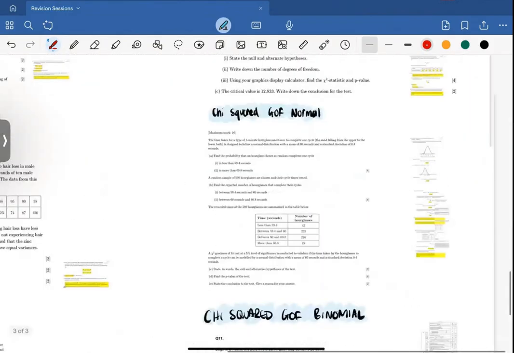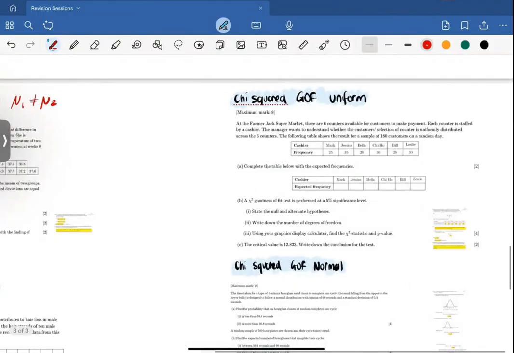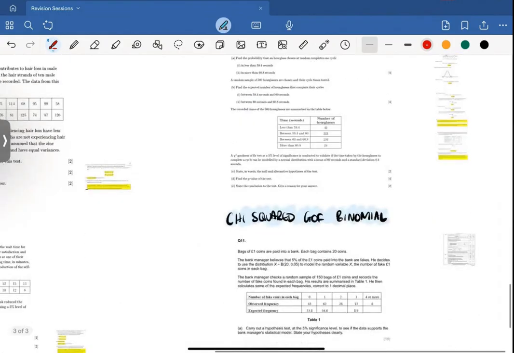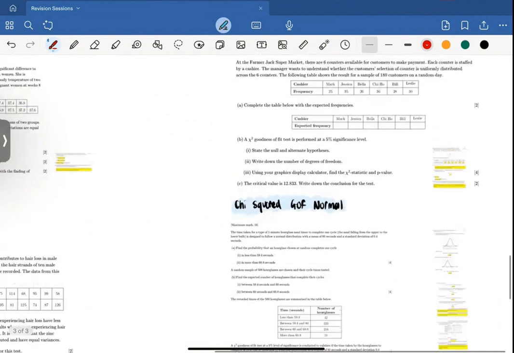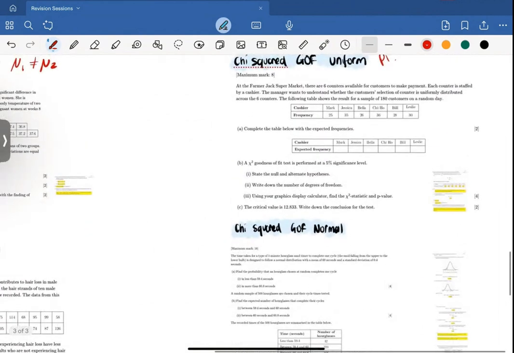For the goodness of fit tests, these are the difficult, often paper 2 questions. Uniform definitely could be a paper 1. And then normal and binomial tend to be longer format questions because they require you to work out probabilities as well.